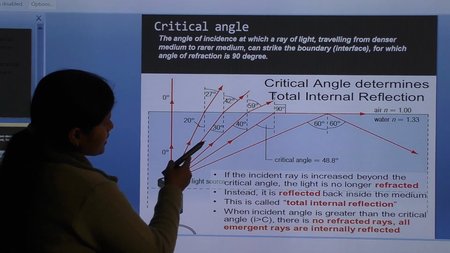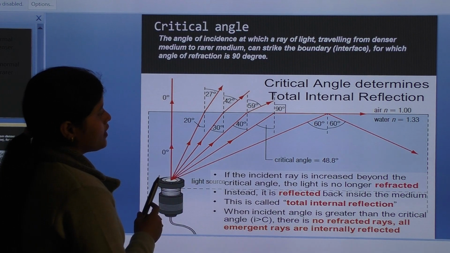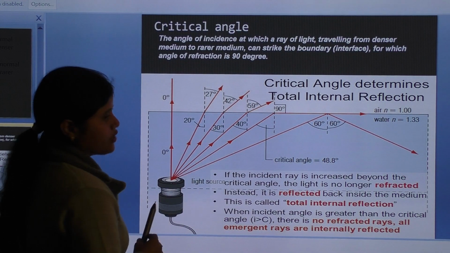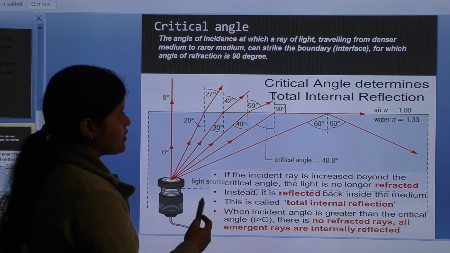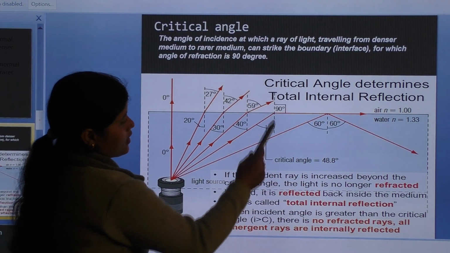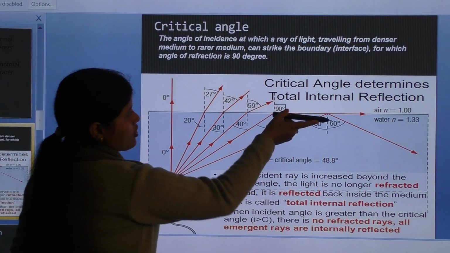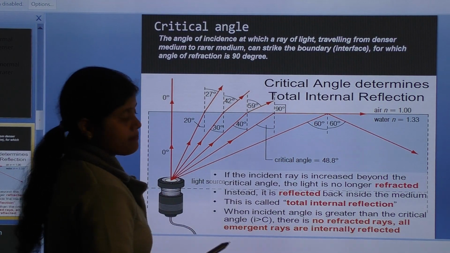In the next trial, we slightly increased the angle to 30 degrees and the angle of refraction becomes 42 degrees. And likewise, after successively increasing the angle of incidence, we saw that at a certain angle, 48.8 degrees, the angle of refraction becomes 90 degrees. The ray has emerged along the interface which is separating the two media.